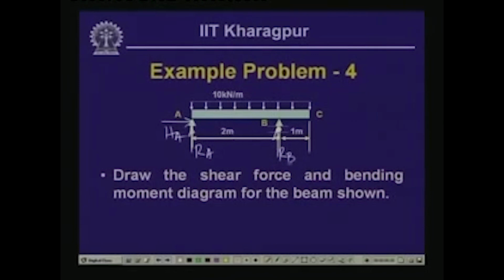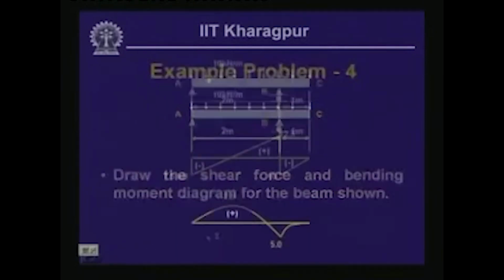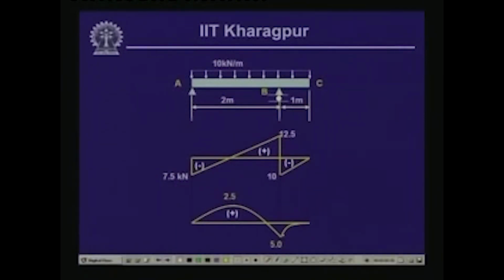As you can recognize now, Ha is equal to 0, we can compute Ra and Rb from the free body, and then we can take segments to find out the values of shear force and bending moment. If we draw the shear force and bending moment diagram, they will look like this: shear force here is 7.5 kilonewton negative. Now at this particular point, since we have the overhang beyond this, here it changes over to 12.5, and from 12.5 to the reactive values here, it changes down to negative 10 and finally 0 over here.